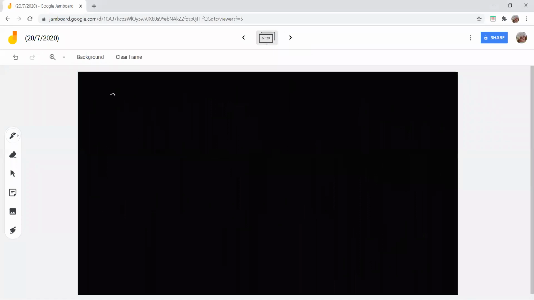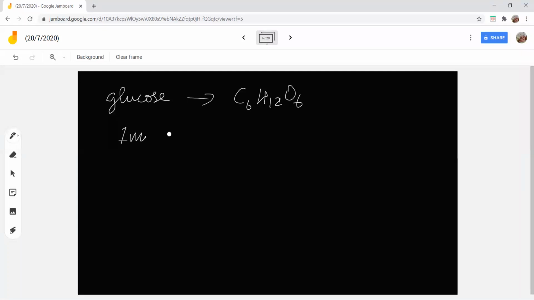I'm taking glucose. In glucose, C6H12O6 is its exact formula. And I know that the weight of 1 mole of glucose is 180 gram. So if I know the mass of 1 mole of a substance, from that I can directly tell the percentage of carbon, hydrogen, and oxygen.